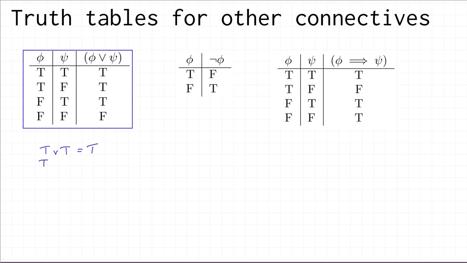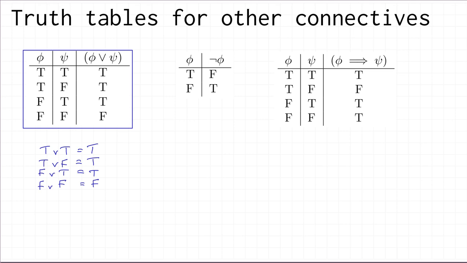And from the second row, true or false will be regarded as true, and false or true will be regarded to be true. And of course, the last one is the only different one. False or false will be false. So what this is saying is that the only way in which a well-formed formula phi or psi will be false under a truth assignment is when both phi and psi were false under that truth assignment.